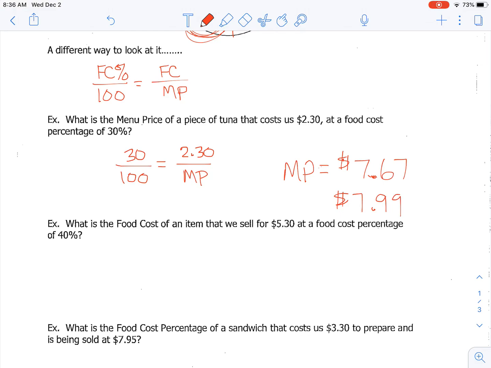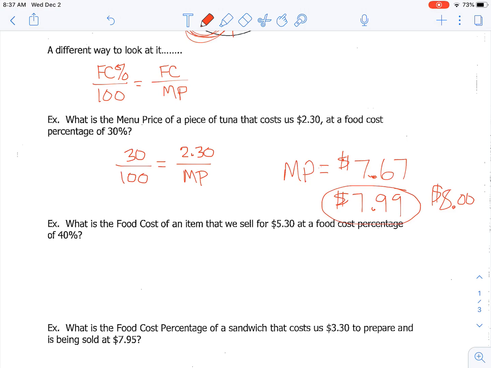There's a weird study that was out there that said that some people will look at this number, $7.99, and see $7. And they would be more likely to buy it than if it said $8. My husband would look at $7.99 and he sees $7.